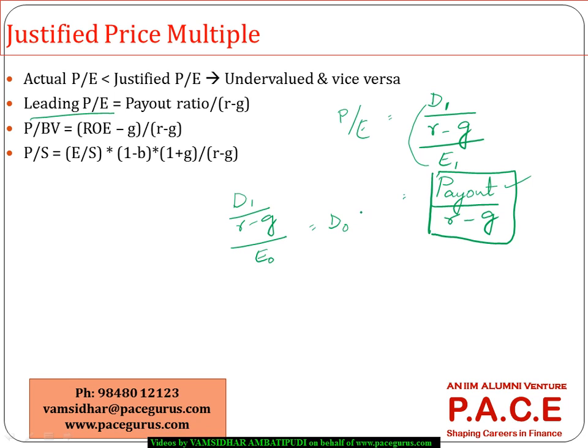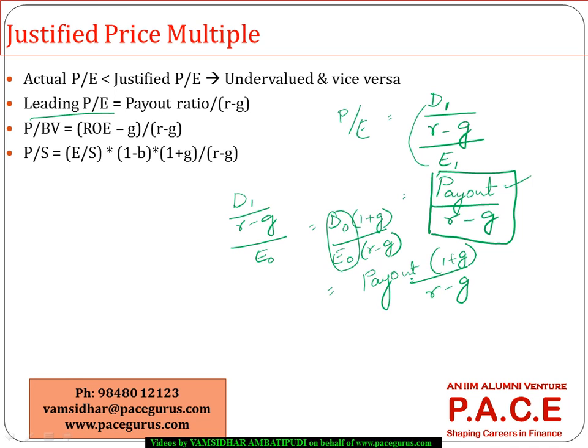So D1 I will write as D0 into 1 plus G, divided by E0 into R minus G, which gives me D0 by E0, the current payout ratio. So I'll say payout into 1 plus G by R minus G. That is the formula for the trailing P by E ratio.